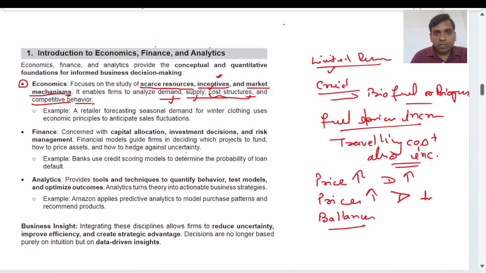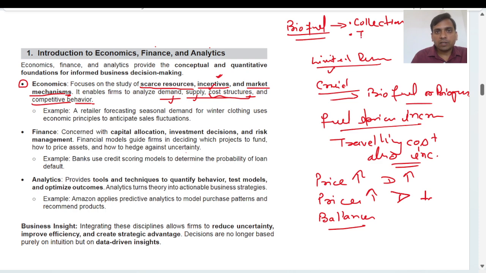Suppose we are producing biofuel. In the case of biofuel, we need to consider multiple types of cost. First we will consider the collection cost of raw material, biomass.